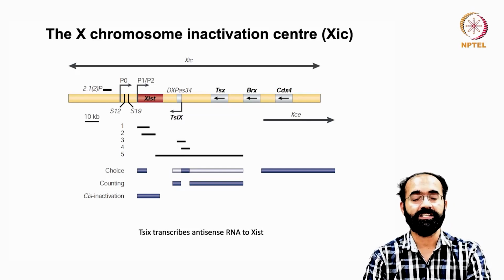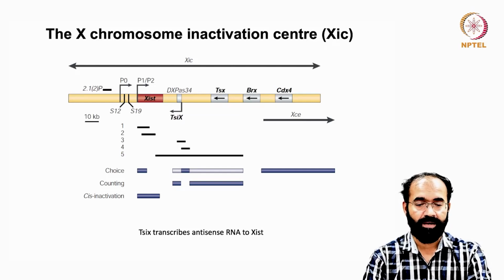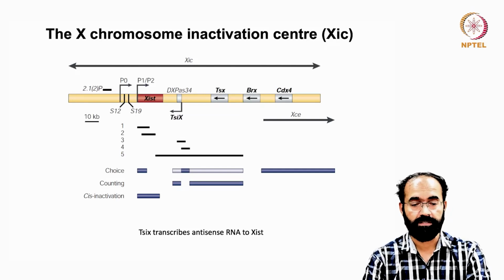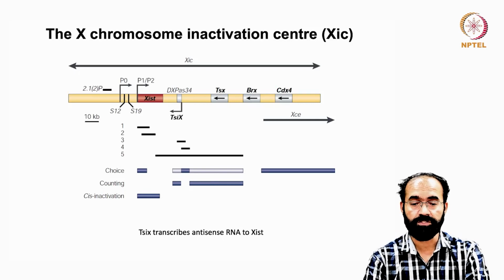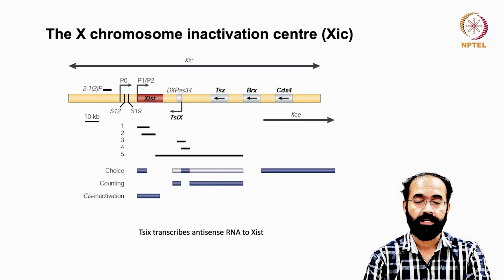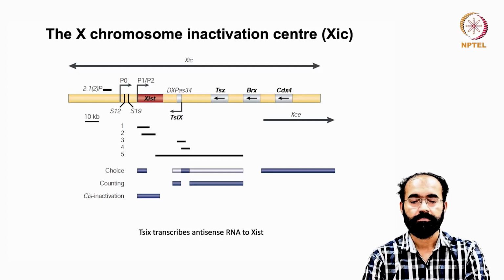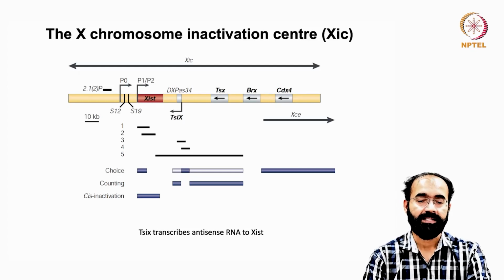So cis inactivation is mainly done by Xist, whereas the choice selection is also governed by Xist and also contributed to by other downstream genes like Tsix, etc. And the counting is also contributed to by some of these, and the choice is also contributed to by the XCE non-coding transcript. So these boxes indicate which genes are contributing to what purpose or process.